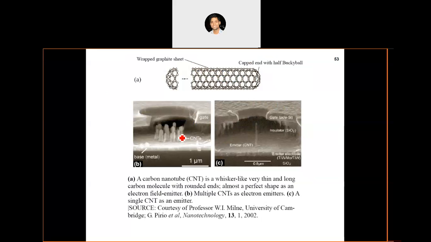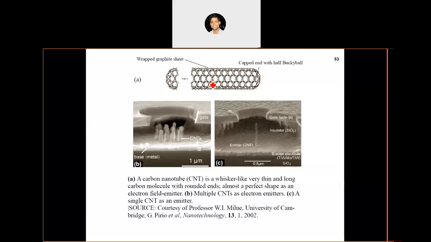Nowadays there is a lot of research on carbon nanotubes. Apparently they are very effective in generating these kinds of devices. A carbon nanotube is essentially a single layer of carbon molecules wrapped into a tube, as you can see here.